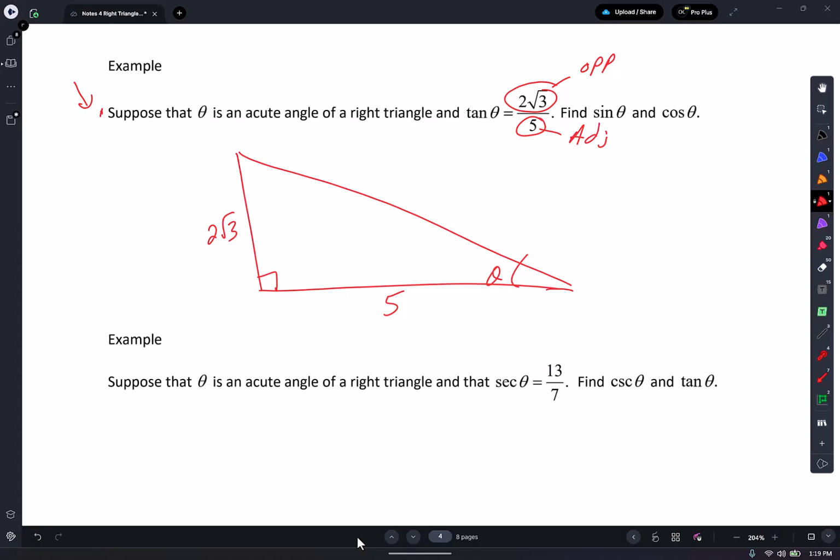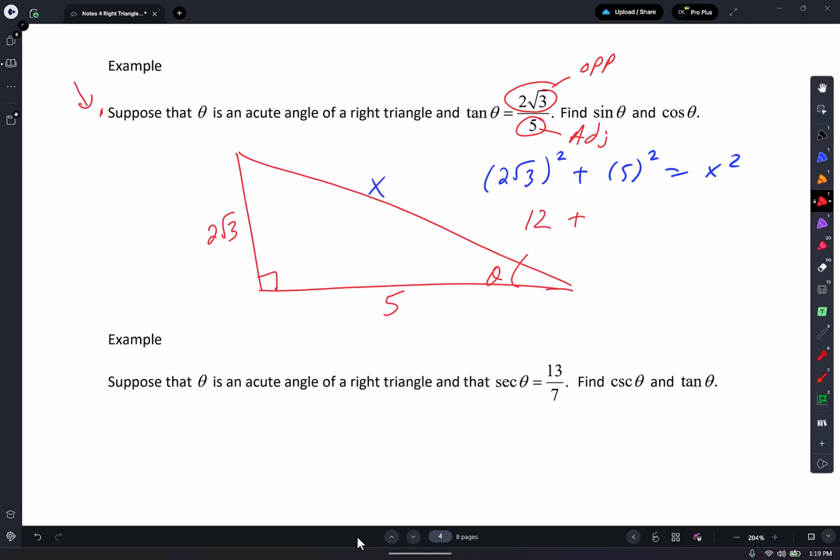So in order to find sine theta and cosine theta, we've got to do the Pythagorean theorem to find the hypotenuse. On the side, I'll call it x. 2 square root of 3 squared plus 5 squared equals x squared. You might not need a calculator. 2 times 2 is 4, and square root of 3 times square root of 3 is 3, and 4 times 3 is 12.